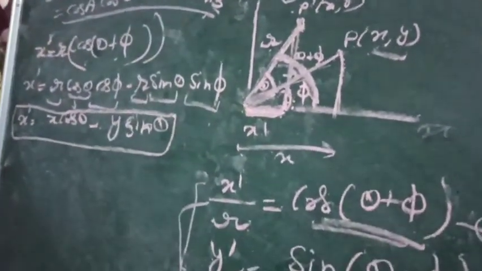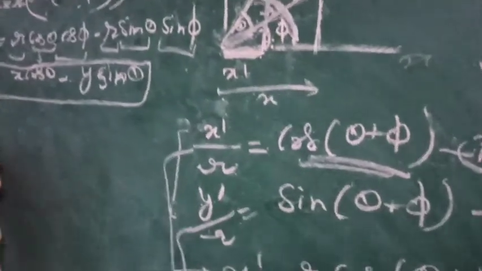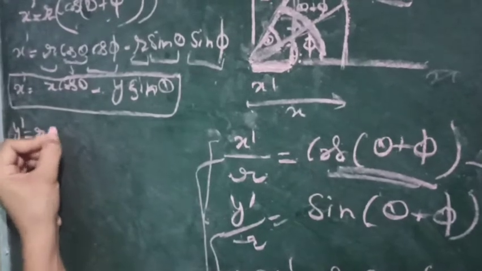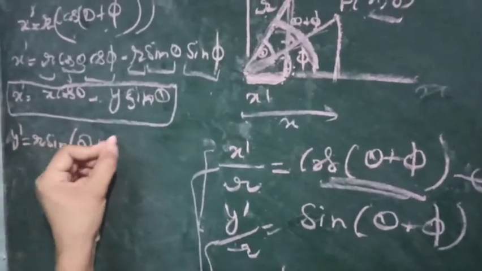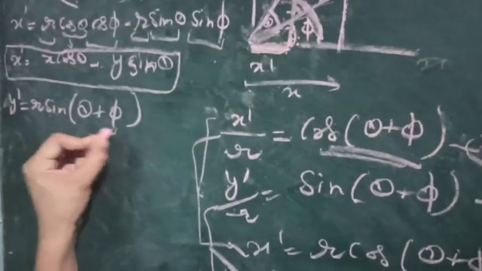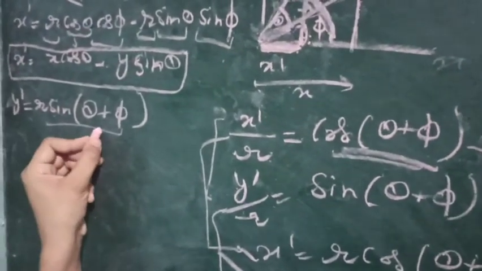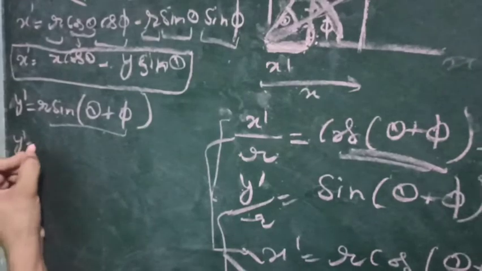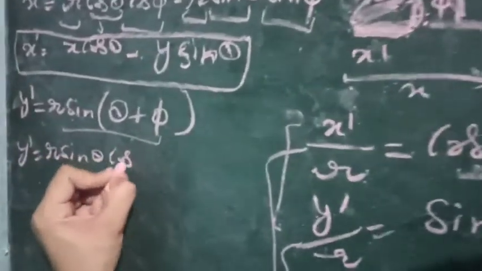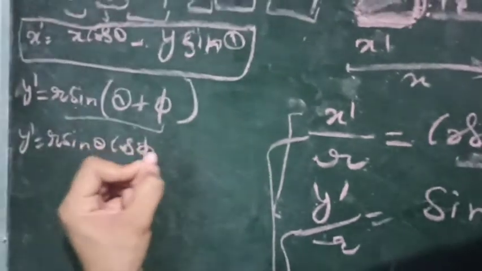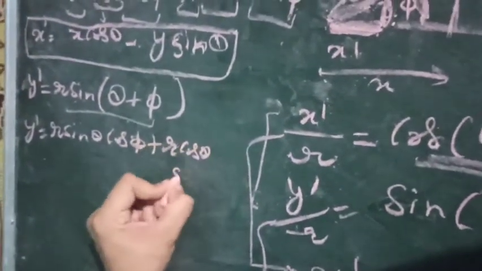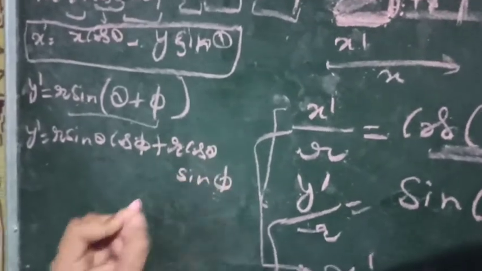In the same way, solve the equation y dash equal to r sin theta plus phi. Sin A plus B is sin A cos B plus cos A sin B. So y dash equal to r sin theta cos phi plus r cos theta sin phi.